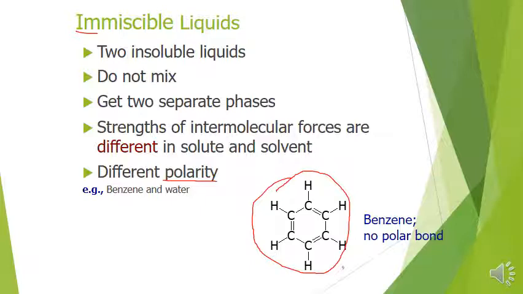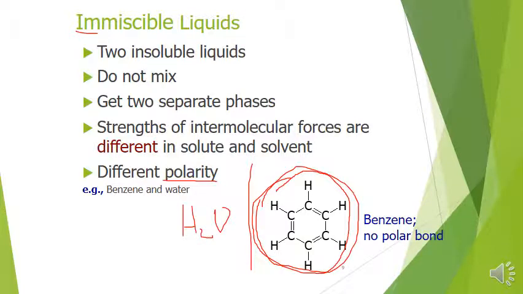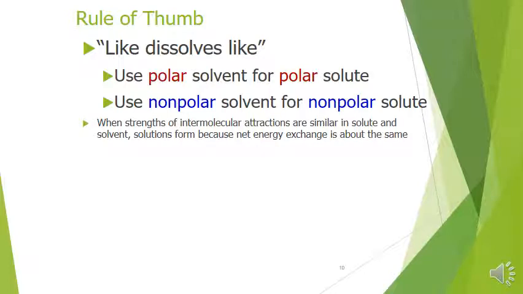The reason these don't mix is that water is attracted to itself, and benzene doesn't have any plus or minus for the water to interact with. So these would separate, and you would get 2 phases, a water phase and a benzene phase. The general rule of thumb is like dissolves like. Polar substances dissolve polar substances, and the opposite is true as well: nonpolars dissolve nonpolars.